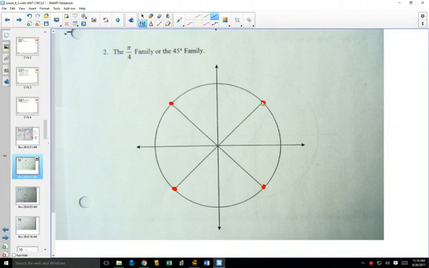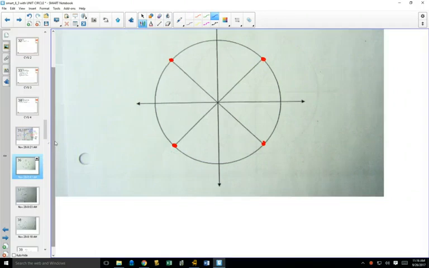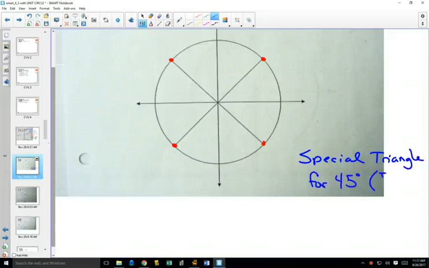What I would like you to do is find some space somewhere on this page, either up here or down here. For 45 degrees, in order to figure out what sine, cos, and tan are, we're going to look at a special triangle for 45 degrees or pi over 4.